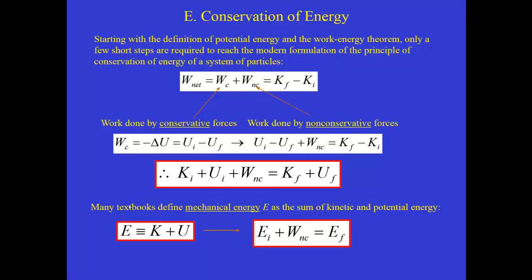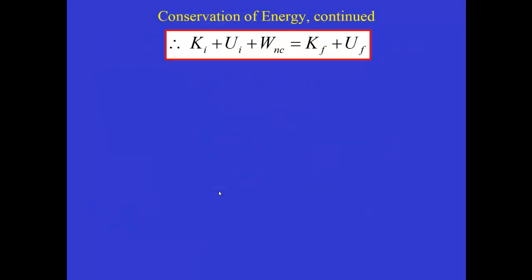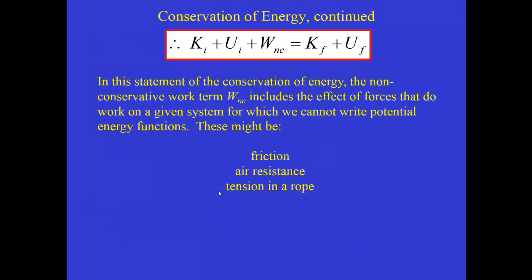And so if that's the case, this potential energy term on both sides of the equation may have more than one term in it. There might be a potential energy term for gravity and then also a potential energy term for the spring. So be aware that there can be more than one kind of potential energy involved at a given time.